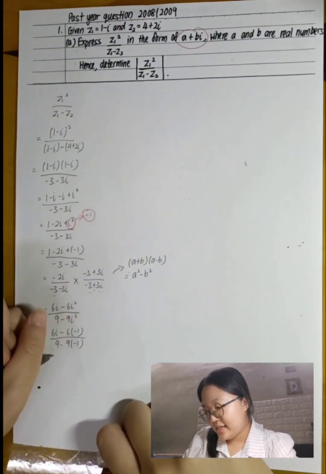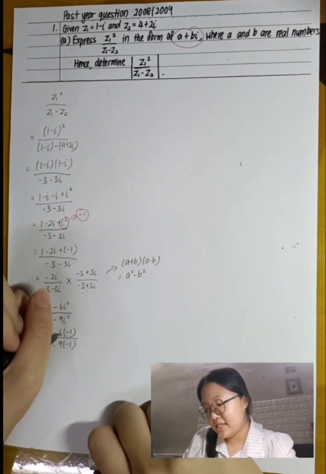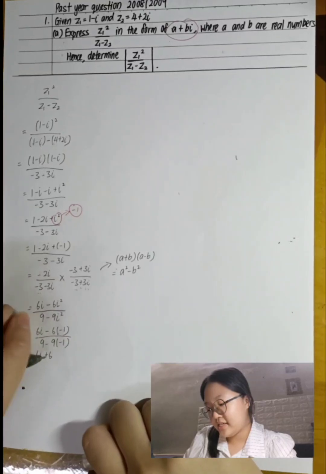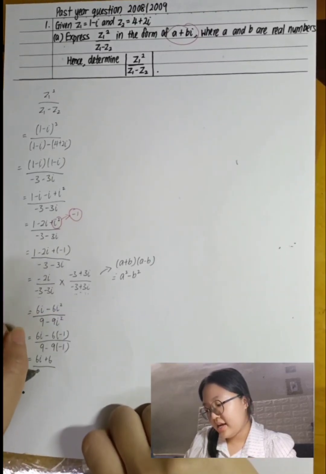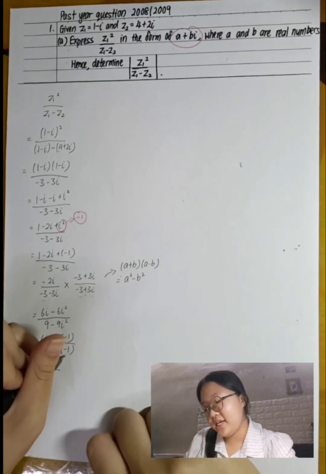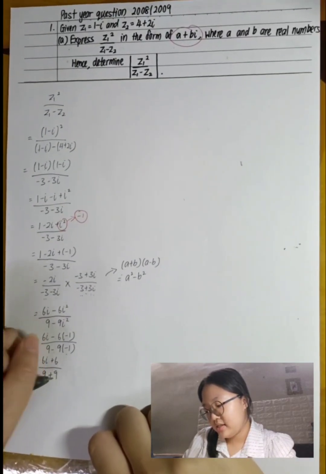So 6i, negative 6 times negative 1 is equals to positive 6. 9, negative 9 times negative 1 is equals to positive 9.